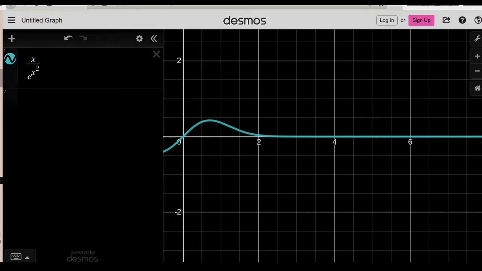Now, looking at this function, from x equals 1 off to infinity, we can confirm by the graph that the function is continuous, there are no holes in the graph. The function is decreasing because it's going down from x equals 1 off to infinity. And we can confirm that the function is also positive because it's always above the x-axis.